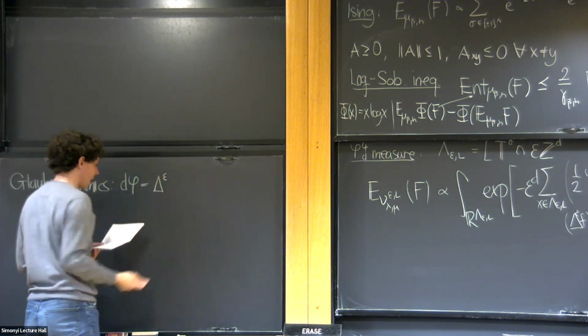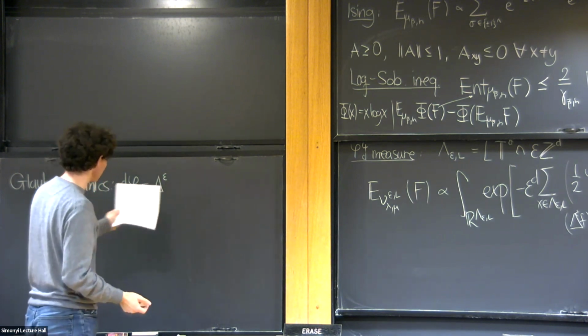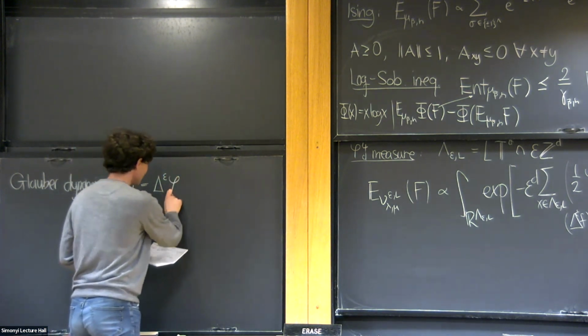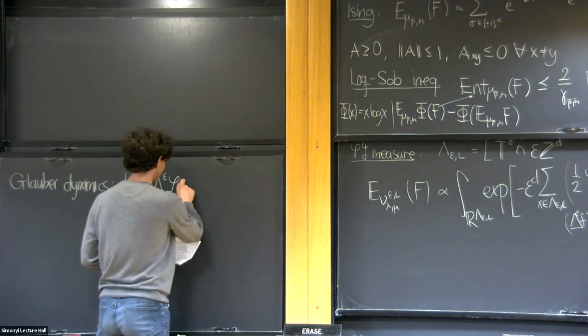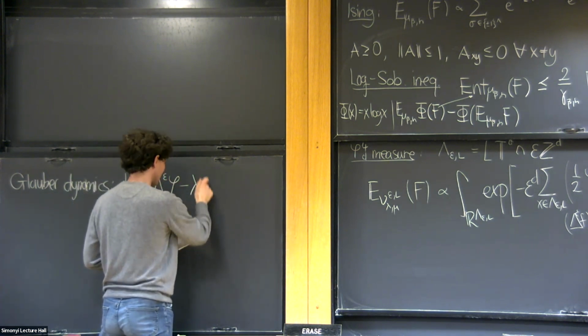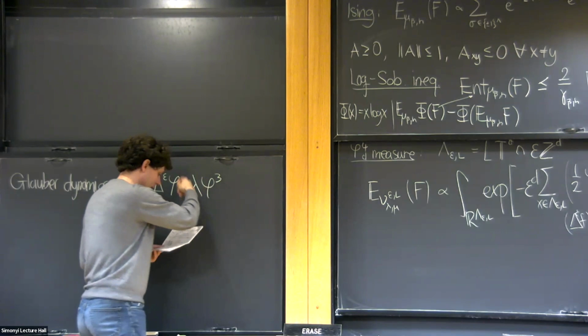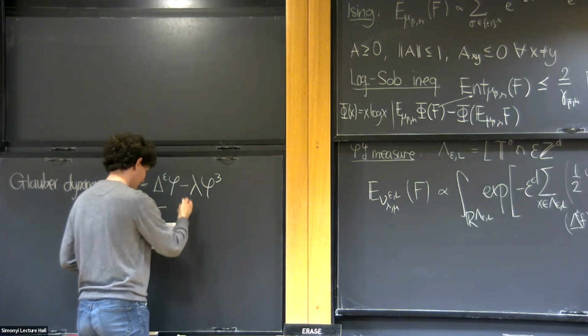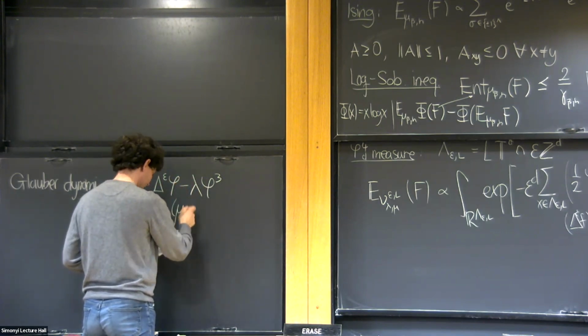If we have a finite epsilon, finite L, it's just a finite system of SDEs, but in the limit epsilon to 0 it becomes an SPDE, and it's one of the main examples of Martin Hairer's theory.